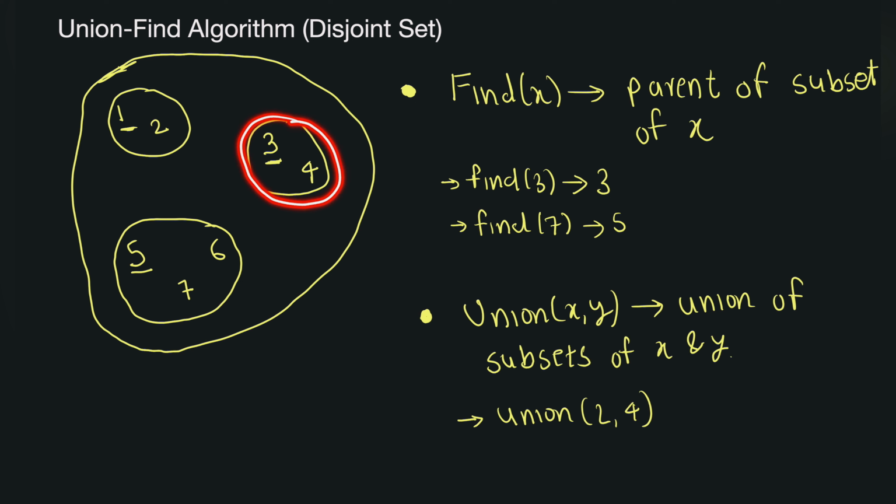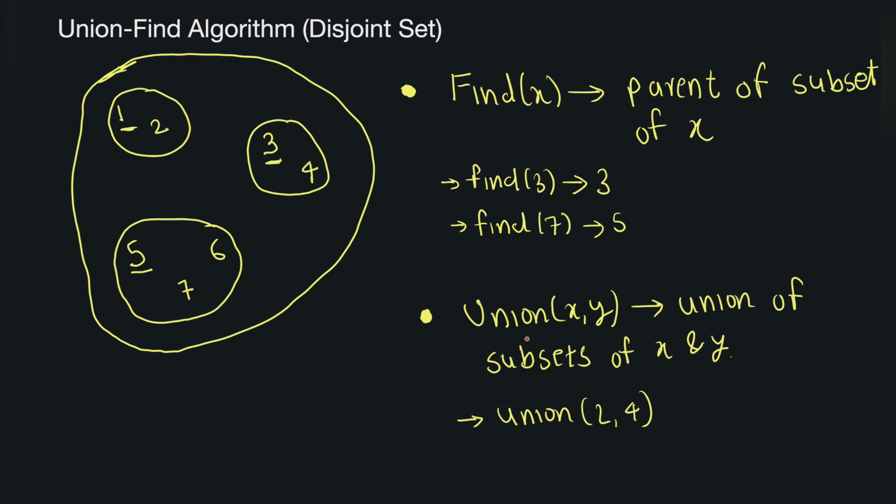So in this case, this subset, and it will return the parent of that particular subset. So in this case, the parent of this subset is 3, so it will return 3. And similarly, if you do find of 7, it will find to which subset this 7 belongs to, and it will return the parent of this particular subset. So find of 7 will be 5.